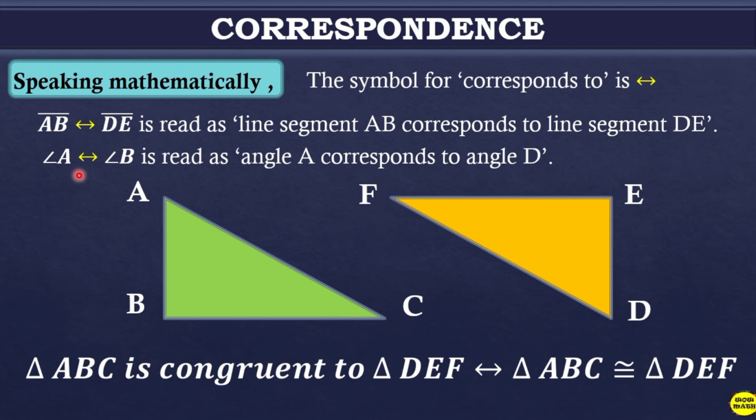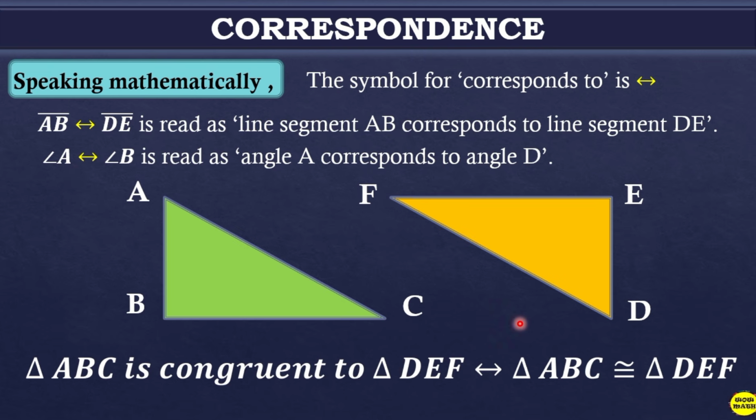Triangle ABC is congruent to triangle DEF, which in symbols is triangle ABC is congruent to triangle DEF.